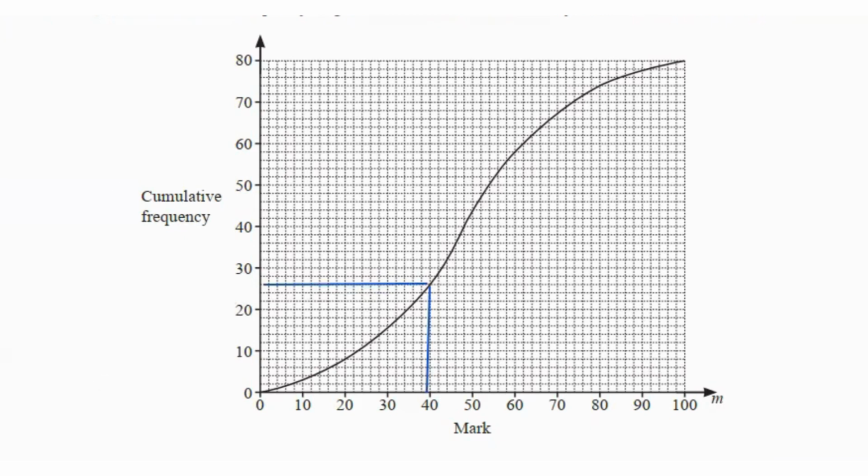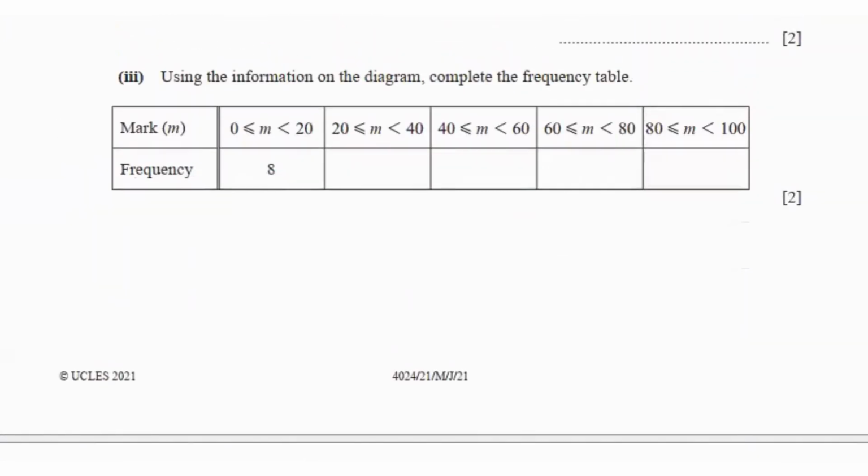So we will subtract 8 from 26 and that is going to be 18. So 18 is the frequency for 20 to 40.